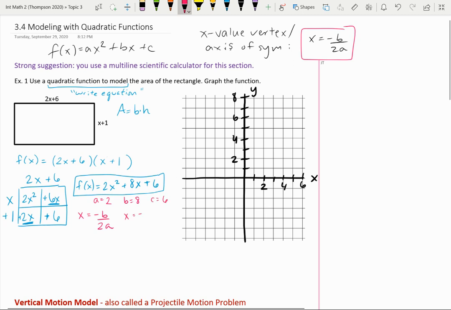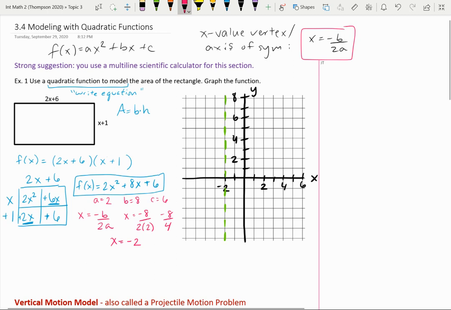And I get x equals negative 8 divided by 2 times a, which is 2, negative 8 over 4. So I get x equals negative 2. That tells me that that's where my axis of symmetry is. So I can go ahead and add that to my graph.